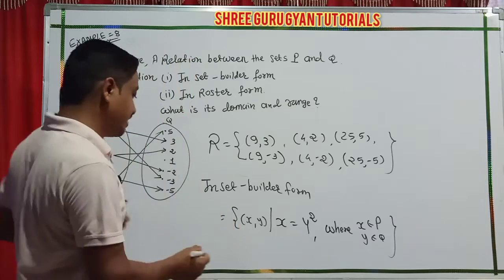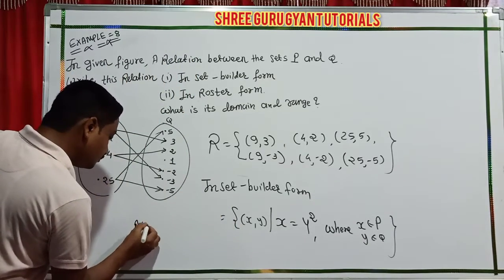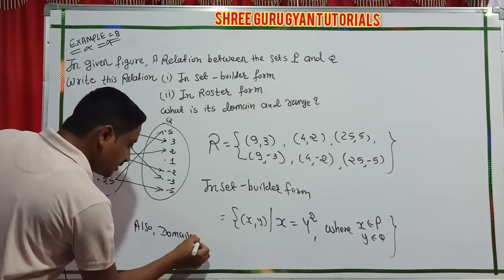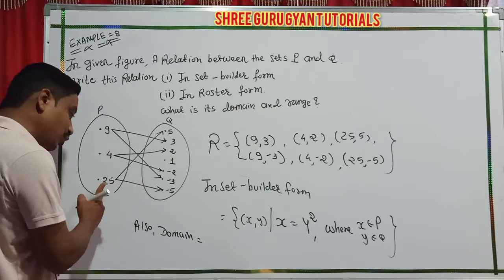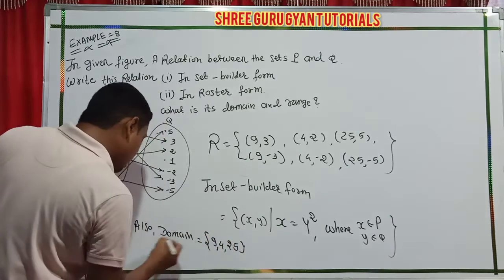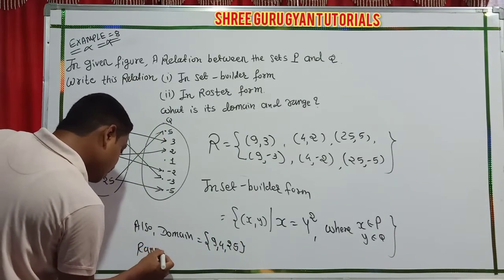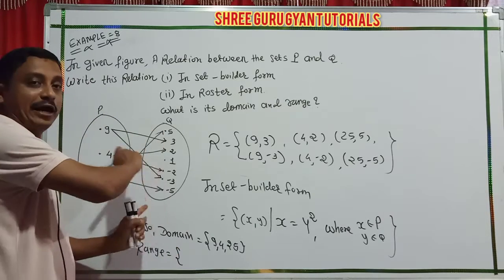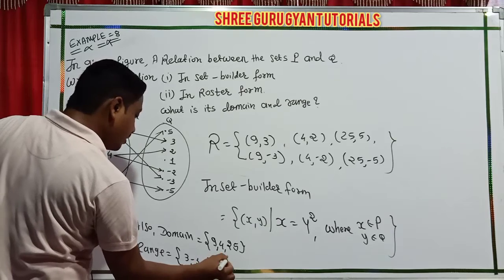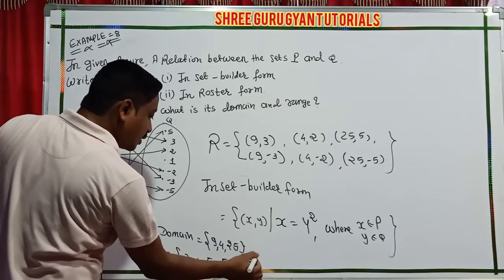Now last, the domain. Students, these are the domain: 9, 4, 25. And what is the range? The range is covered in your arrow diagram: 3, minus 3, 5, minus 5, and 2, minus 2.